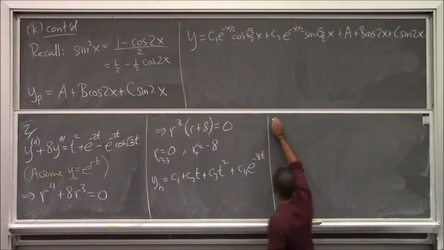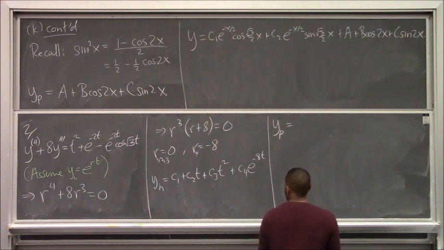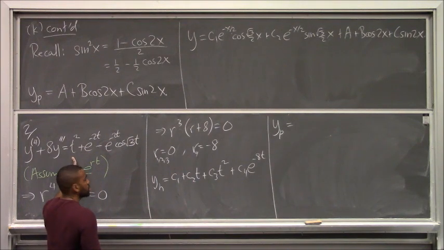Now we want to start with the particular. At squared plus bt. Oh no, this e to the negative 2t is multiplied.